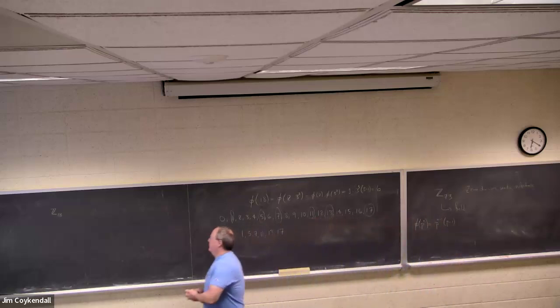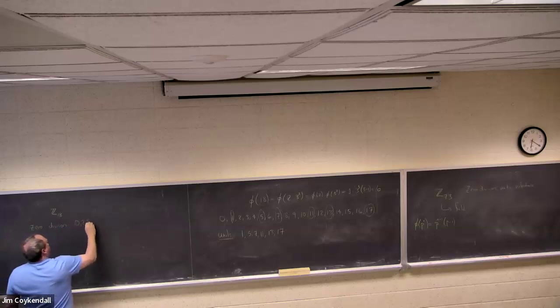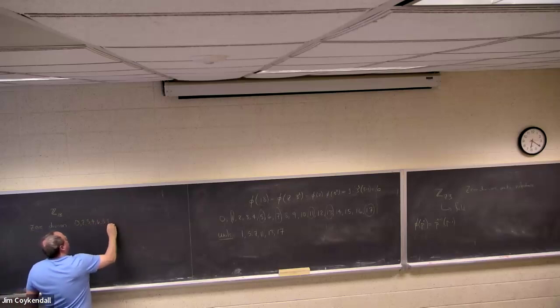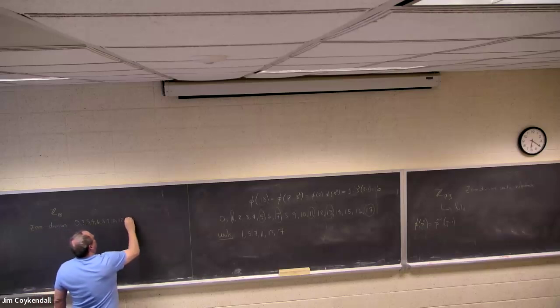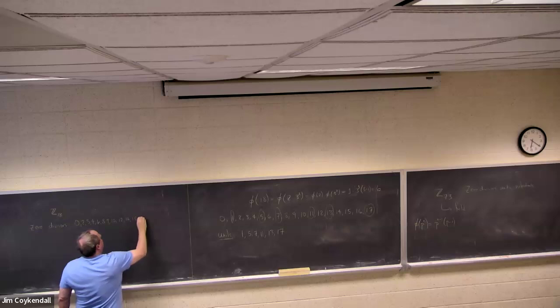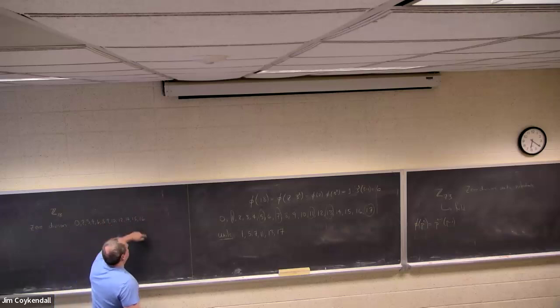The zero-divisors are 0, 2, 3, 4, 6, 8, 9, 10, 12, 14, 15, 16.